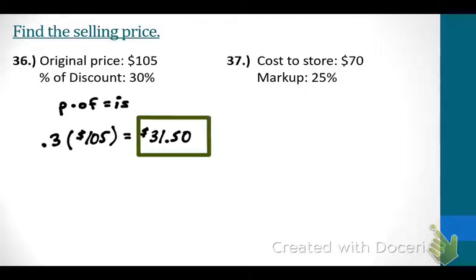Is this my final answer? No. What is that? That is the discount. This is how much money you get to take off of the original price. Unfortunately, with only a 30% discount, it would not go all the way down to $31.50 total. So, Caitlin, what should I do?